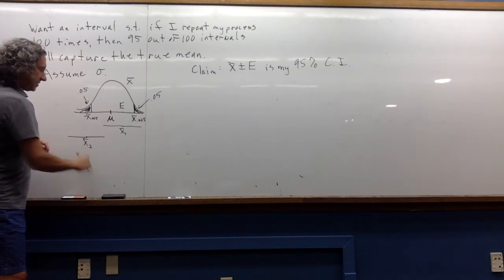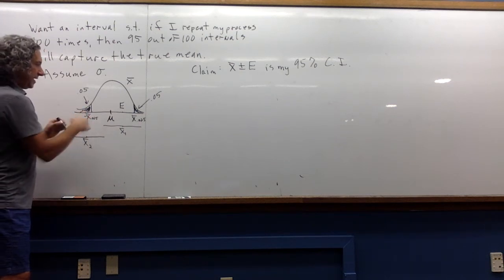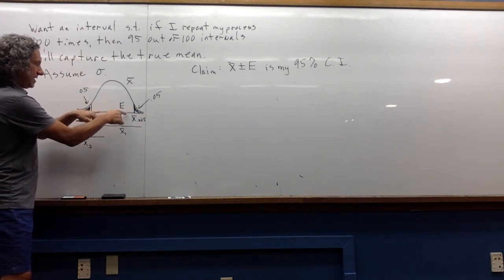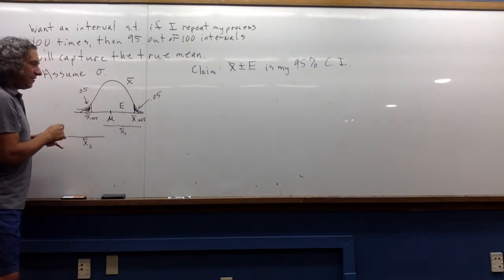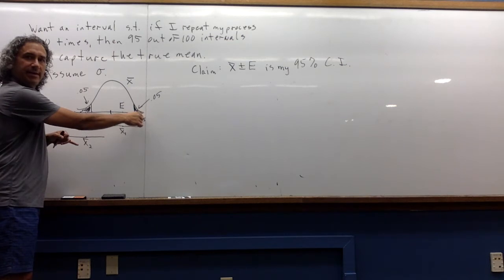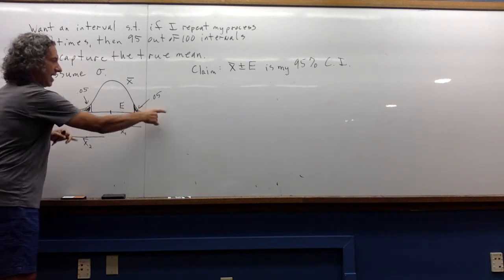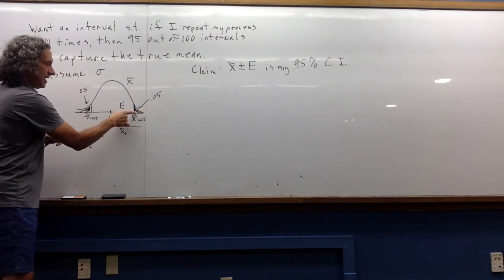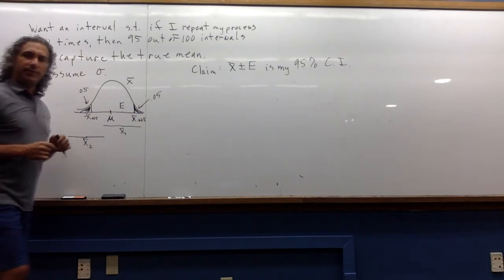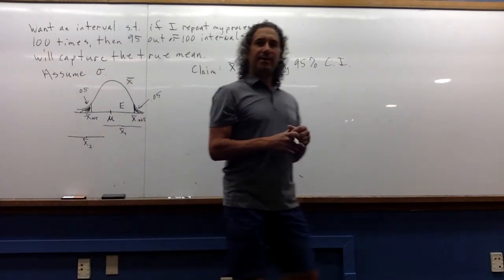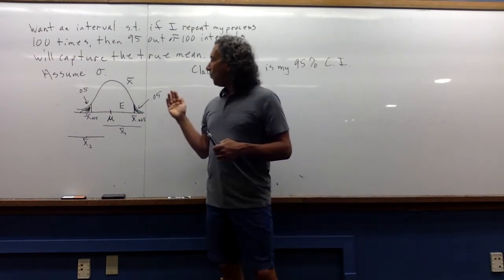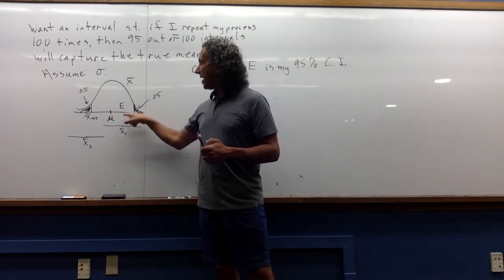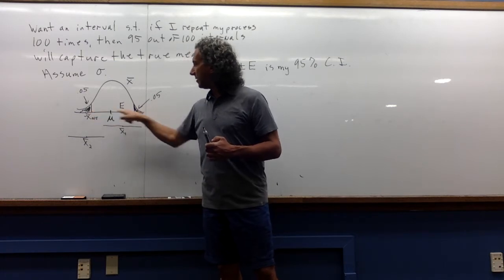Because if x bar sub i is in this region, then when I add E and subtract E, I capture mu. If x bar sub i is, let's say, out here, well, when I add E and subtract E, I'm going to miss mu. That sounds like I'm going to miss you, but I'm going to miss mu. When is that going to happen? That's going to happen if my x bar sub i lives from here to here.